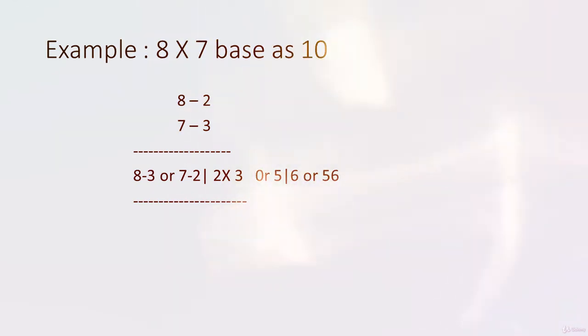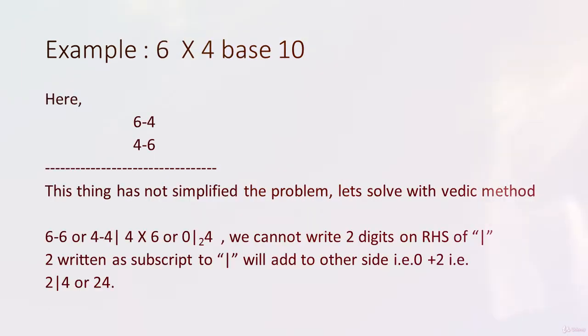We take another example. 6 multiplied by 4. Here again we are taking base 10. So 6 is short by 4 and 4 is short by 6 to the base.